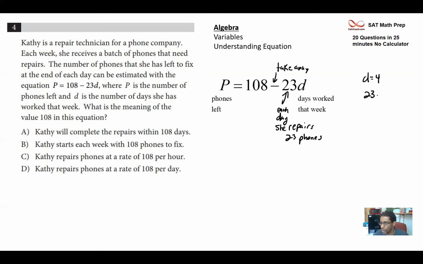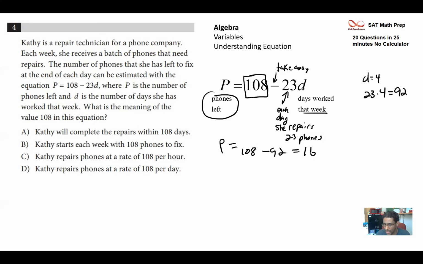So 23 per day times 4 days, then she's done a grand total of 92 phones that week. She had 108 to do, basically, and she takes away the 92, that'll let you know how many you have left. And so 108 minus the 92 would mean that she has 16 phones left.